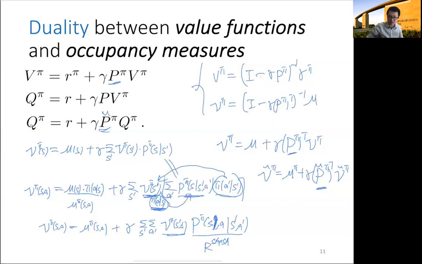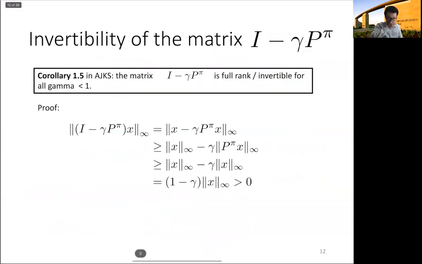So they're dual to each other, and the key difference is simply whether there is a transpose in the state transitions when we solve this problem. There is quite a bit of mathematical beauty in Markov decision processes.